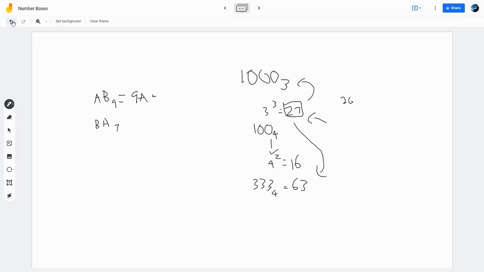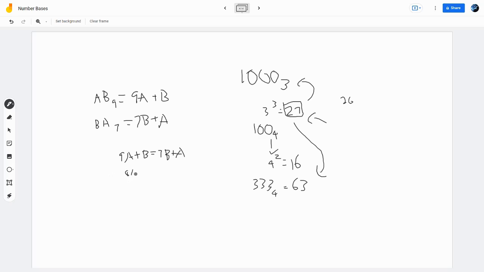It's supposed to be a plus sign. And the base 7 representation is 7B plus A. And we know that this is the same number, so we have 9A plus B equal to 7B plus A.